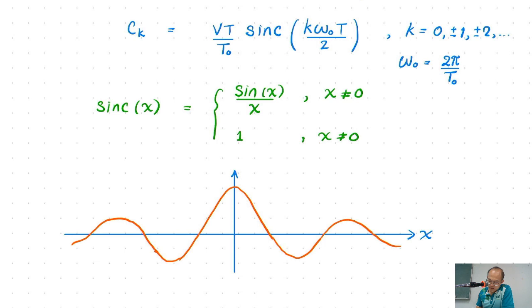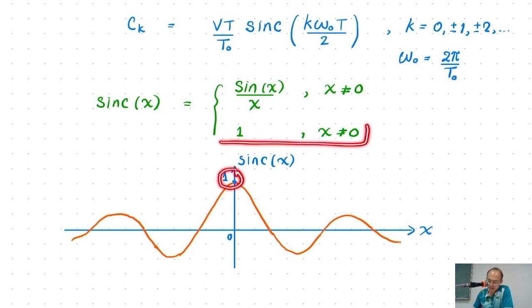And if you look at the envelope of the sinc function, it will be like a hyperbola. This point here is where x is 0. By definition it is 1. This is the value of the sinc function at 0, which is 1.